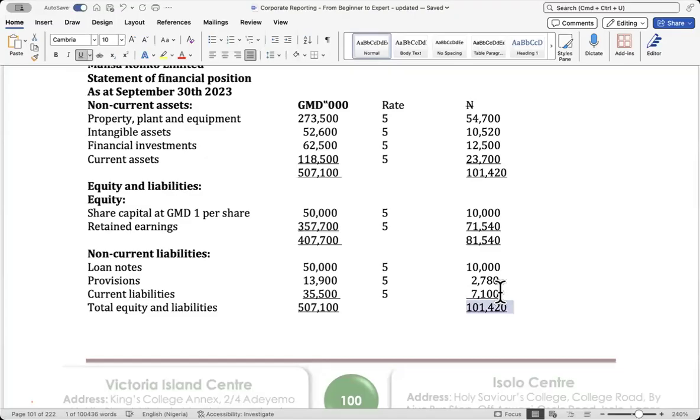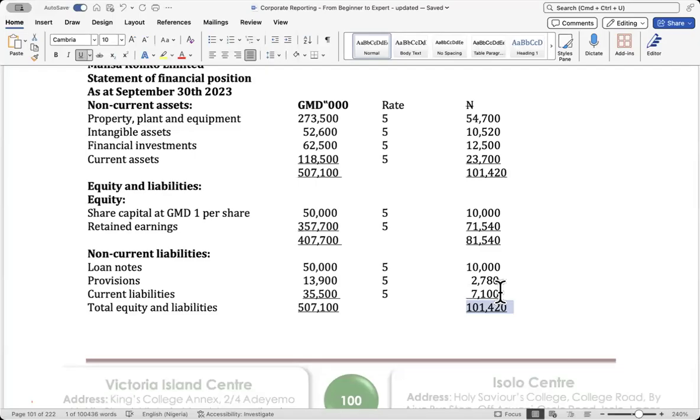And here, it's okay to use closing, because they didn't give us sufficient information to be able to say, okay, this one is historical, this one is closing. What I taught you is that monetary items, you translate them at closing rates. Non-monetary items, like PPE, intangible assets, and the rest, depend on whether the asset is measured at historical cost or at fair value.